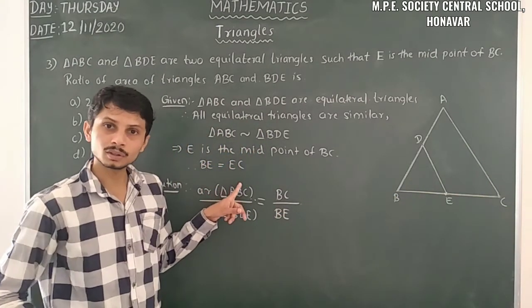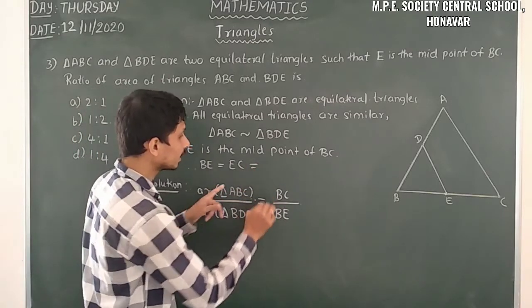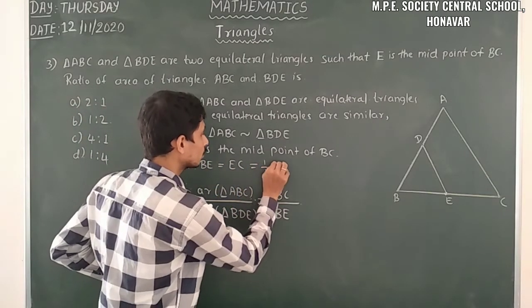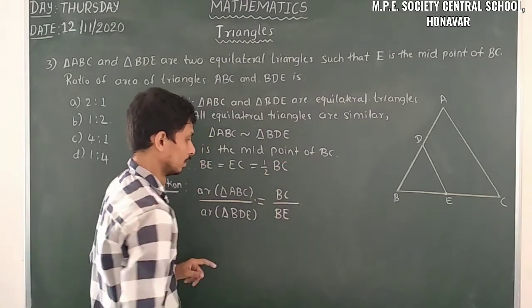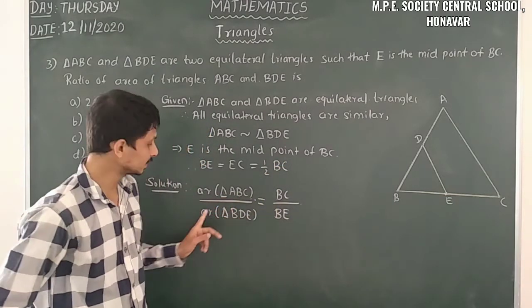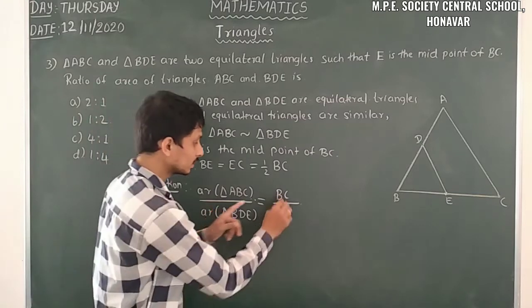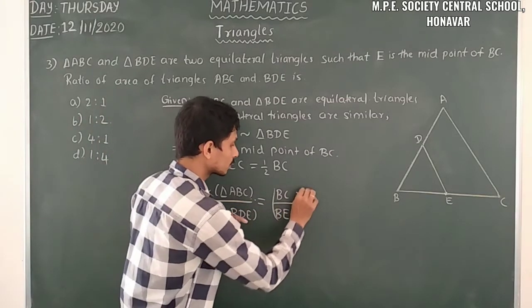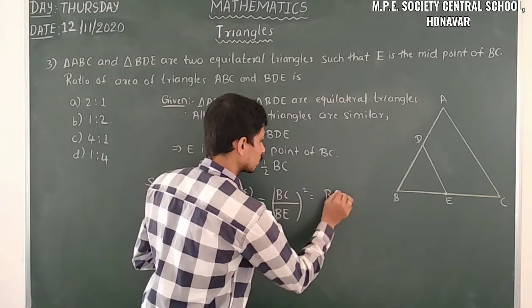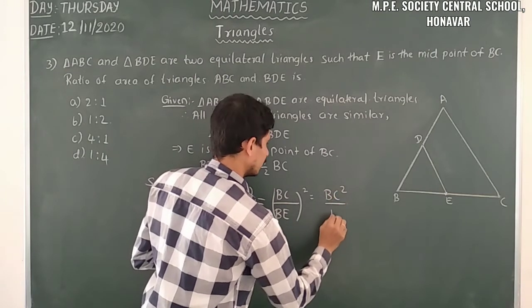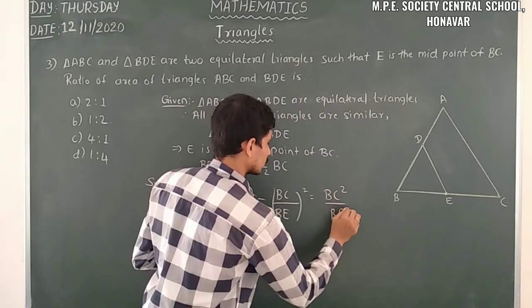Here BE is equal to EC, we know that. Also we can write it as half of BC. So area of triangle ABC by area of triangle BDE is equal to BC by BE whole squared, which is BC square divided by BE square.